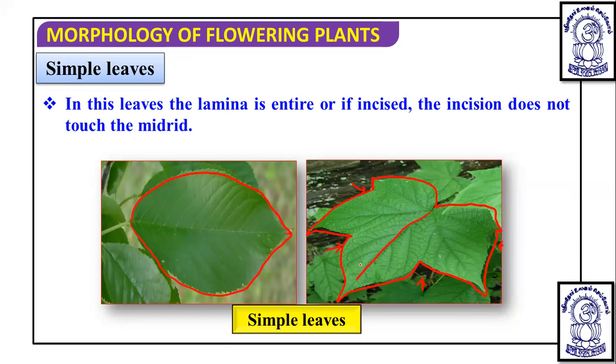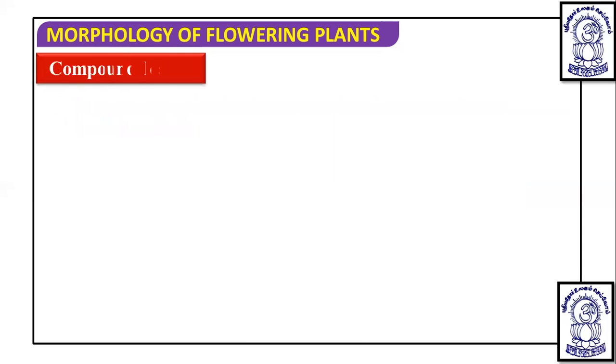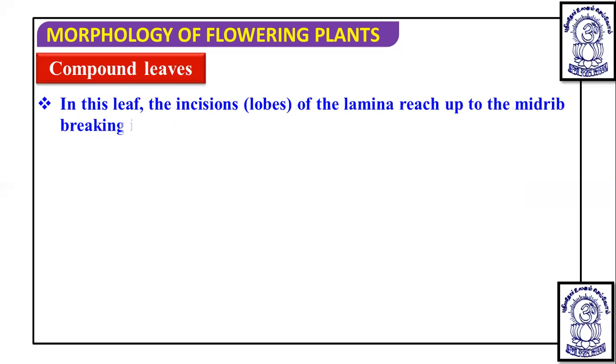But if this incision or cutting reaches the midrib or the tip of the petiole, then it will be a compound leaf. A compound leaf is a leaf in which the incisions or the lobes of the lamina reach up to the midrib.